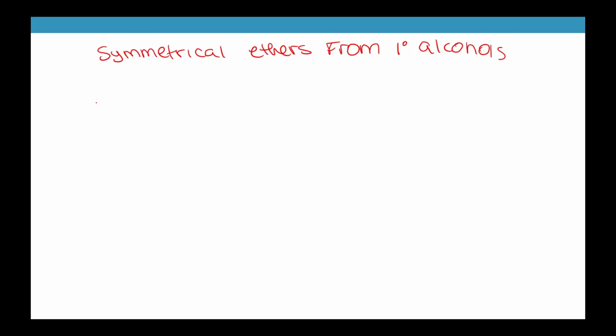So to make symmetrical ethers from primary alcohols, we simply use two equivalents of the alcohol and then a strong acid like H2SO4, and we get the symmetrical ether.